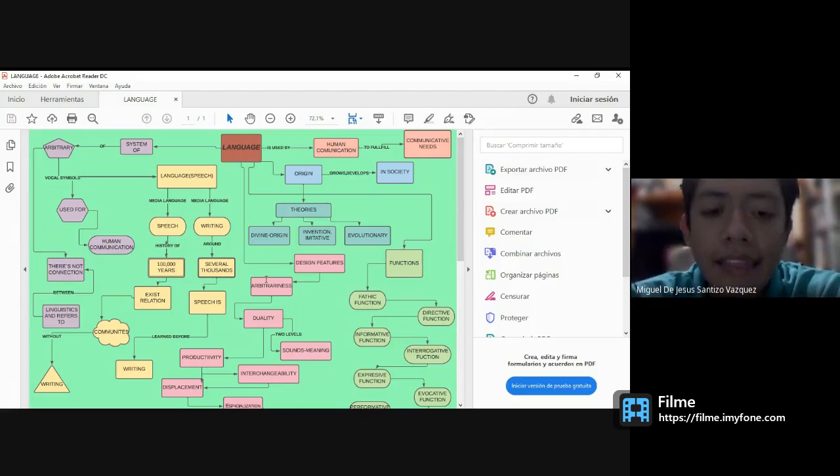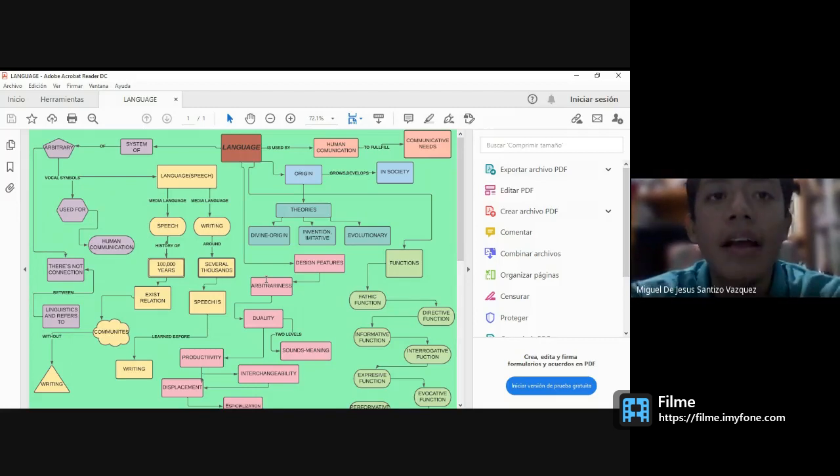And meaning is the higher level, which means that it can be grouped or regrouped. Arbitrariness says that there isn't a natural relationship between sounds and meaning, or the linguistic form and the mind.